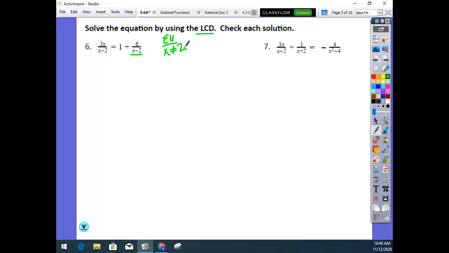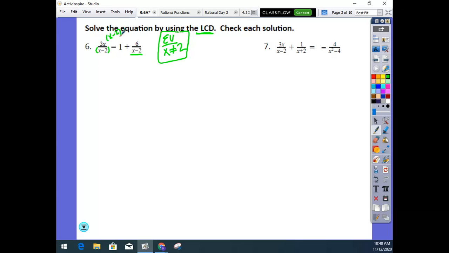So this says here, x cannot be 2, because that would cause a 0 in the bottom. After you state your excluded values, we're just going to multiply by the common denominator, and that's just x minus 2.